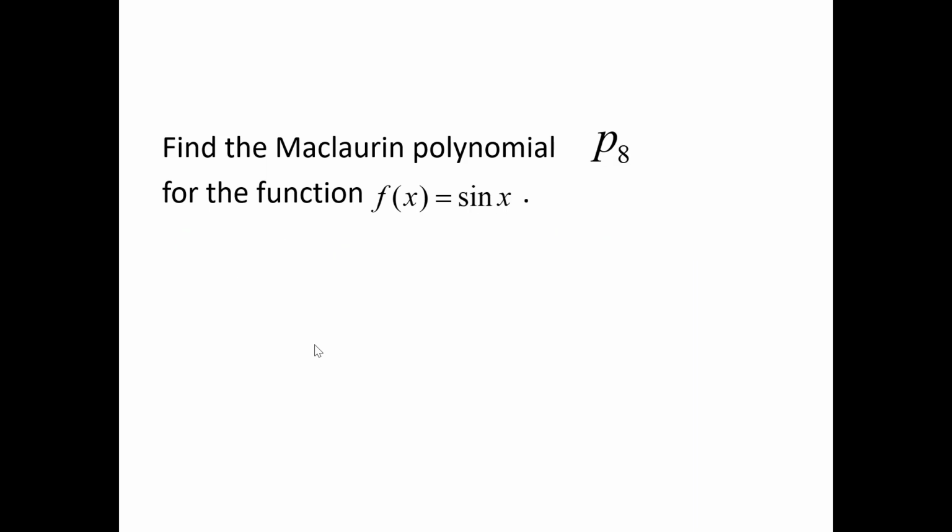Find the Maclaurin polynomial P8 for the function f of x equals the sine of x. So we want to find P8. Again, you should take a moment to try this on your own.